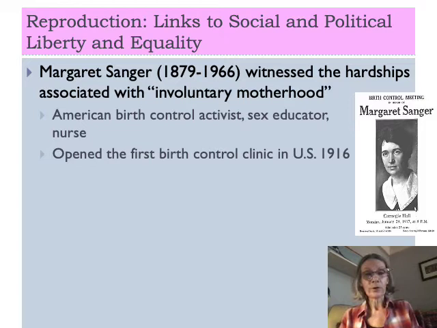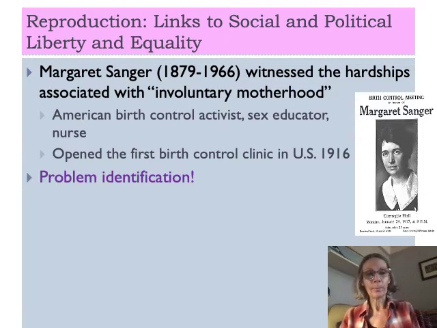She opened the first birth control clinic in the United States in 1916. And as you can see in this picture of her on the side, she held public meetings where people could come and talk about the importance of having access to birth control.